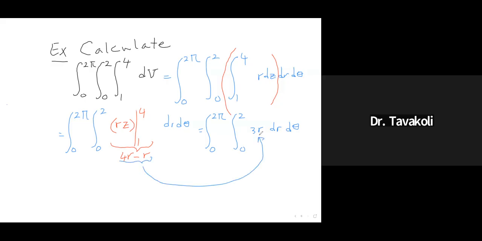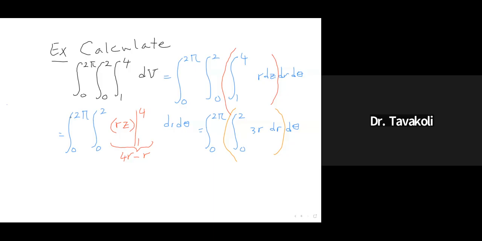That's why we see 3r here. Now we have a double integral. We know how to deal with this. Now look at this integral inside. The antiderivative of 3r with respect to r is 3r squared over 2.